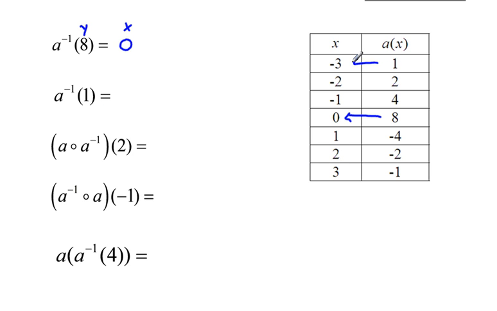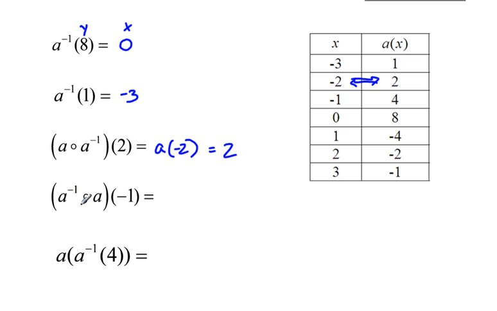There it is. I get a -3. Now these ones are going to be multiple steps, so let's start off with a inverse of 2. So a inverse of 2 gives me -2. And now I plug -2 into a. Wait a second, it took me right back to 2. That's what we were talking about before.